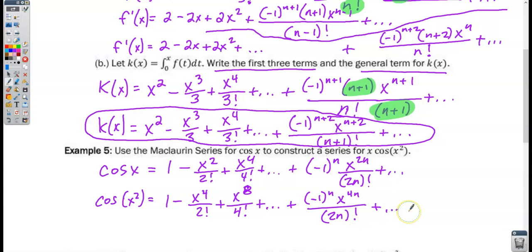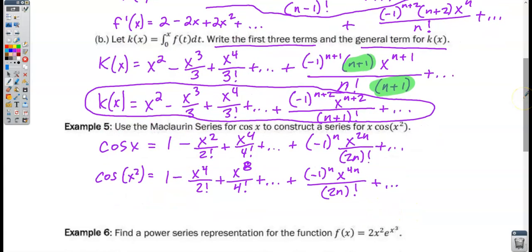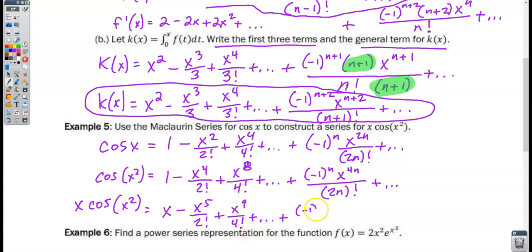When we do that, and then to get to x cosine of x squared, we're just going to take the series for cosine of x squared, and we're going to multiply every term by x. And that makes this our series. And there's our series for x cosine of x squared.